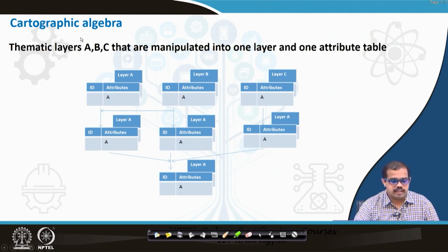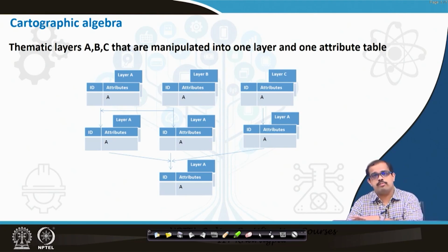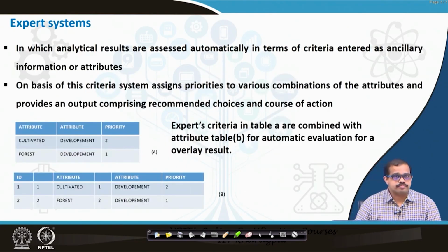So, you have layer A with certain attribute values, layer B with attribute values, layer C with attribute values. You perform certain analysis here, and then you will have the final layer containing all the attributes that you have produced. Then you have an expert system.